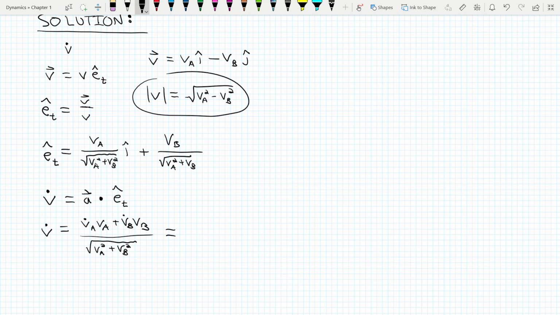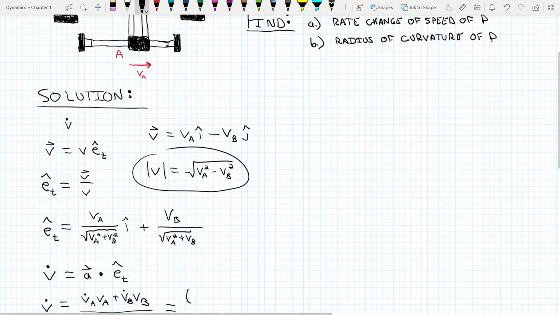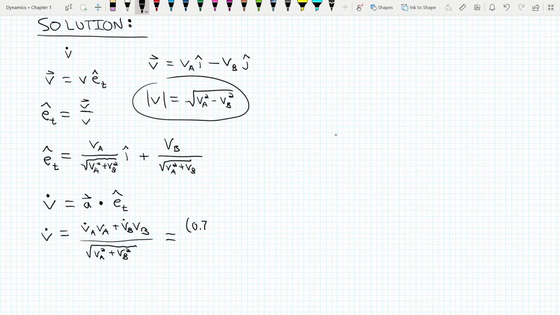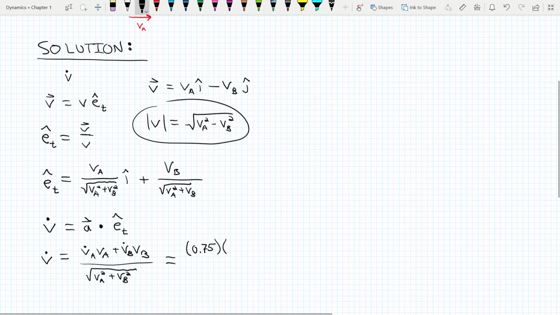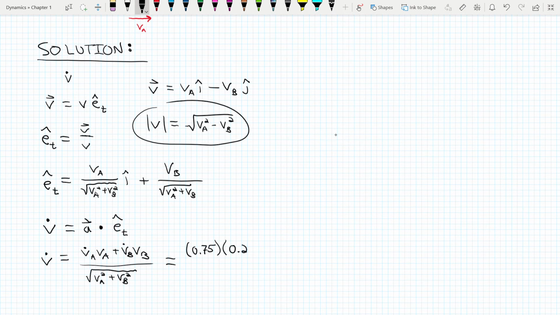Then when we plug this in, V dot is equal to 0.75 meters per second squared times VA, which is 0.2 meters per second. And then V dot B times VB is 0, because V dot B is 0.